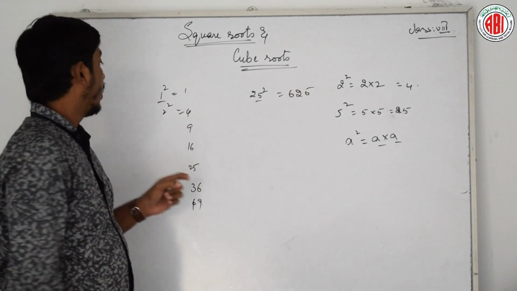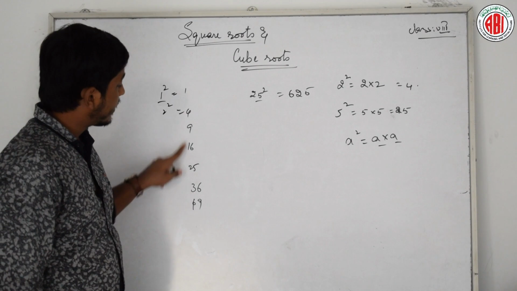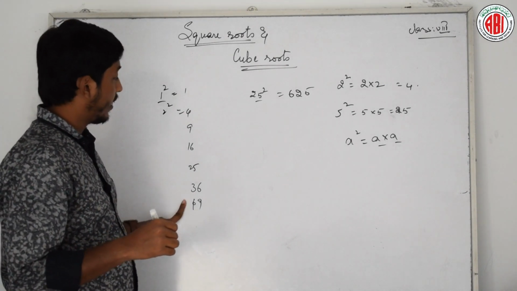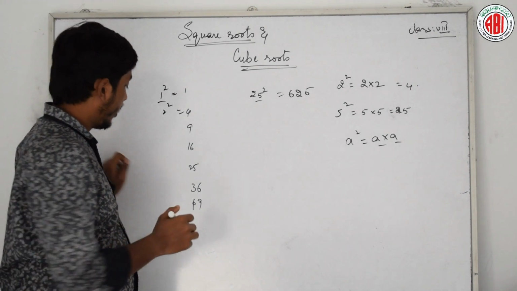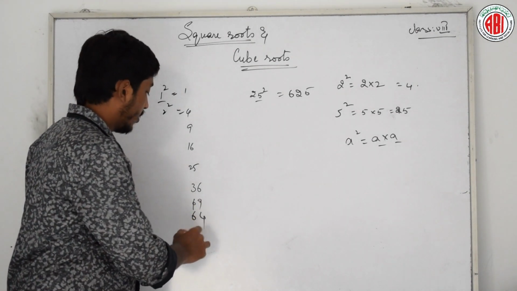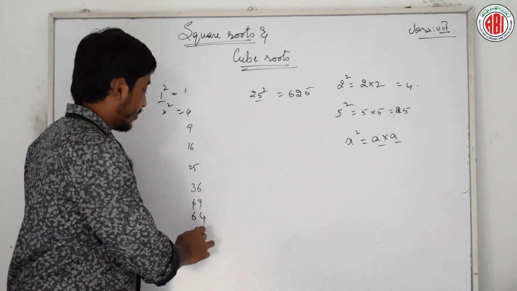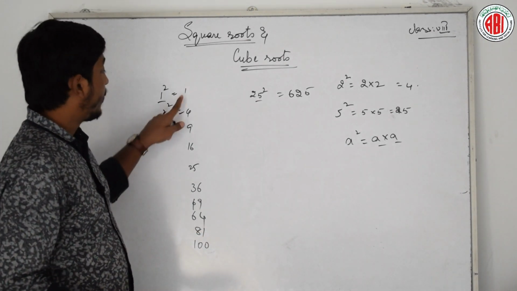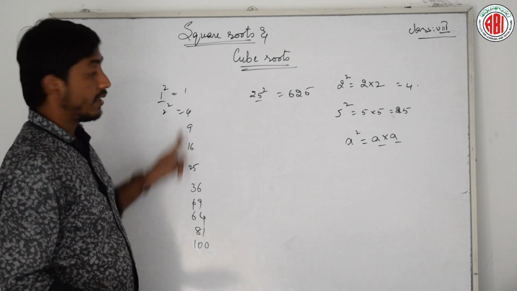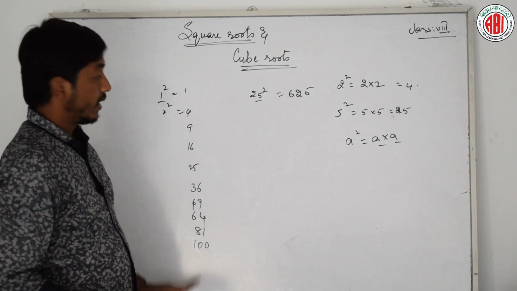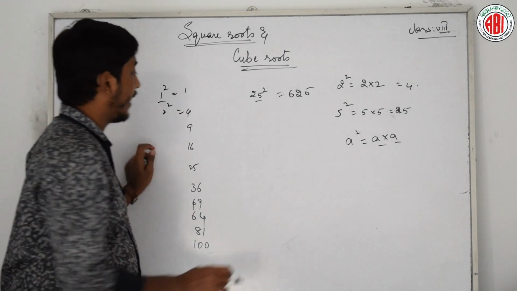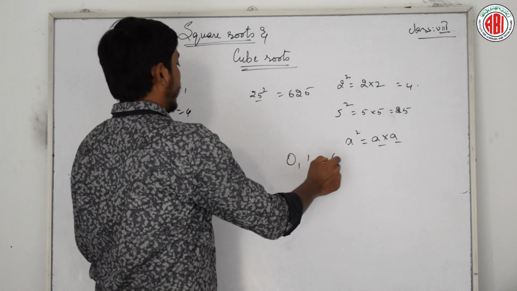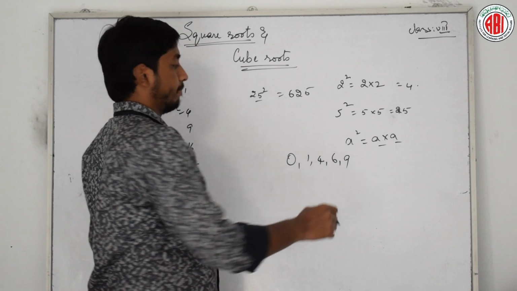Is it fine? If you observe here, the last digit keeps repeating all the time. Did you observe here? After 49 we will get 64, and the next, 9 square, is 81, then 100. If you observe here, the perfect square numbers, these are called perfect squares. The perfect square numbers always end with 0, 1, 4, 6, 9.